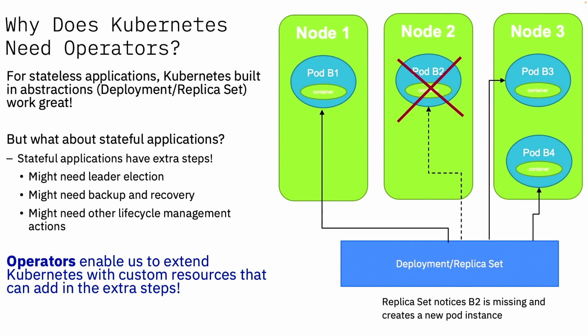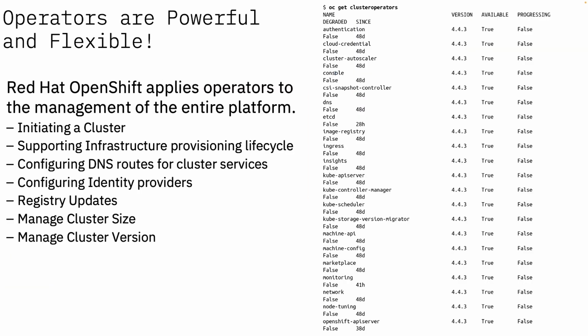So the operator gives us the ability to extend Kubernetes, but for those custom resources, it gives us the ability to add in those needed extra steps. And so if we need to do leader election, or if we need to do something else because it's a stateful-based application, that's how we do it.